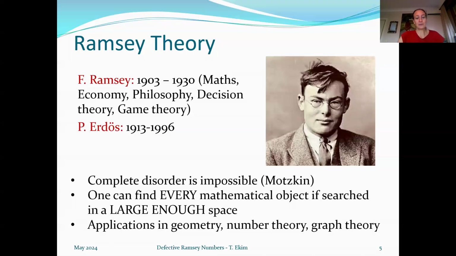Of course, we need to specify what is the mathematical object we're searching for and what is the space and what does it mean large enough. So there are applications in geometry, number theory, and graph theory. And today we're going to focus on the applications in graph theory.